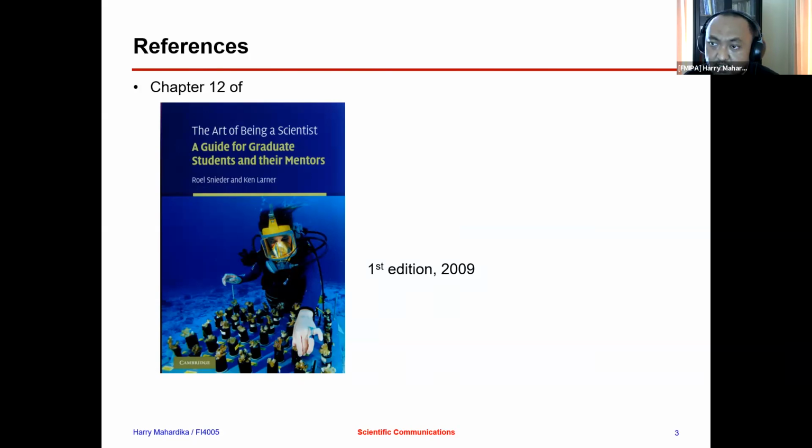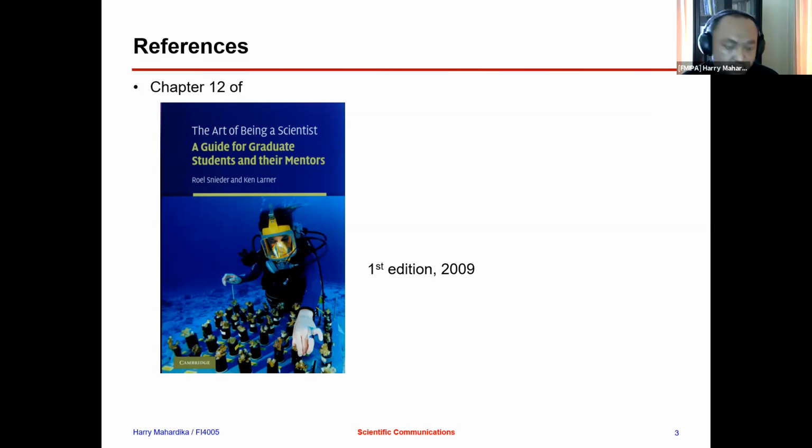In bookstores or on Google Books and similar websites, you could also find more references or more books related to the introduction of how scientists or beginner scientists work.